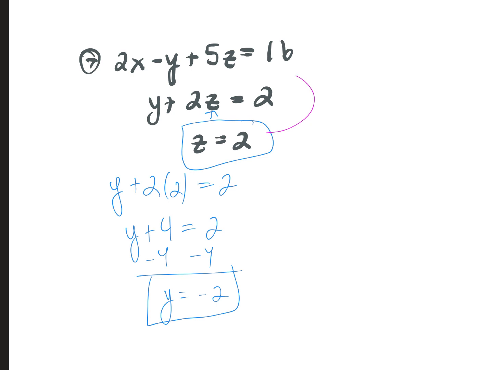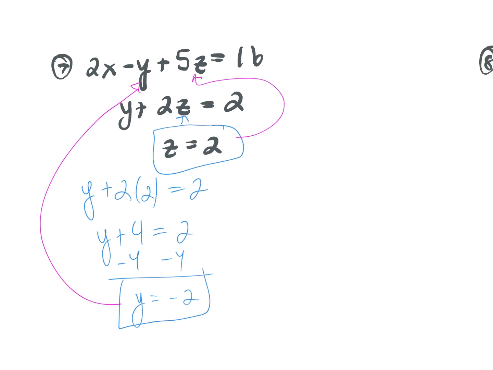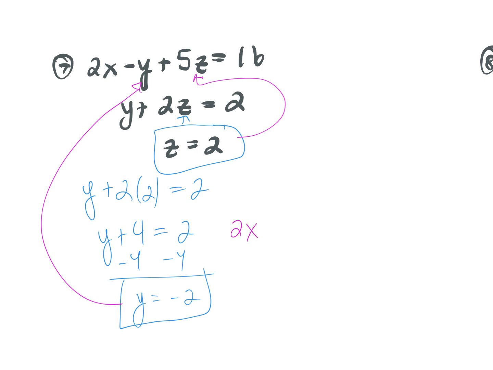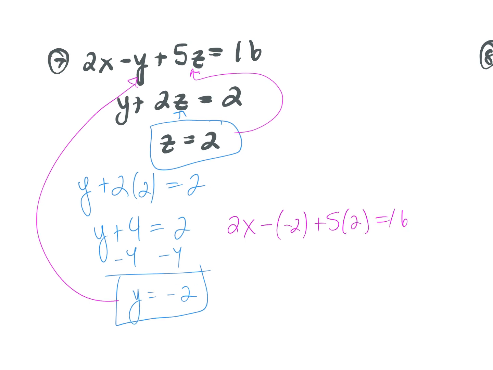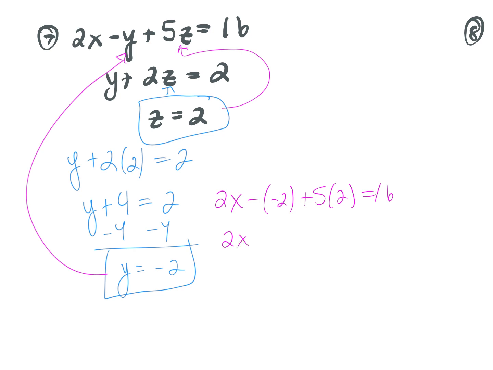So I'm going to take this z, plug it in there. I'm going to take this y, plug it in there to find x. So 2x minus a negative 2 plus 5 times 2 equals 16. 2x minus the negative gives me plus 2 plus 10 equals 16. 2x plus what? 12 equals 16.